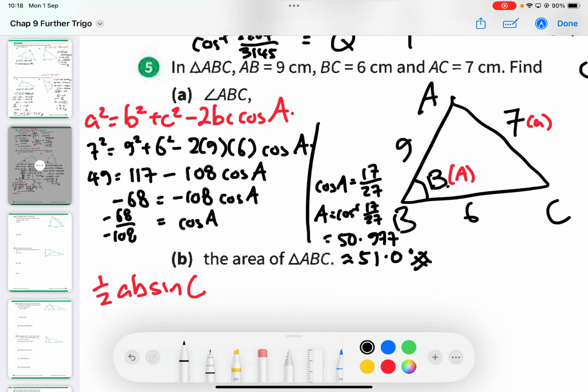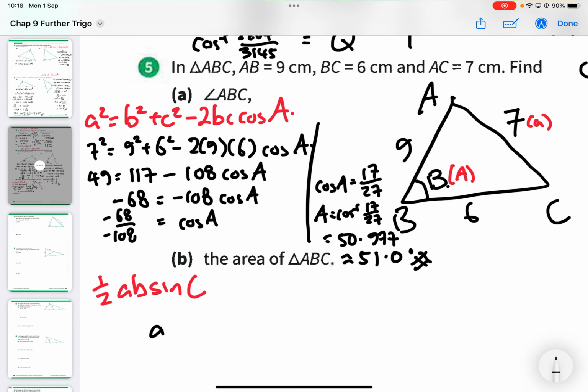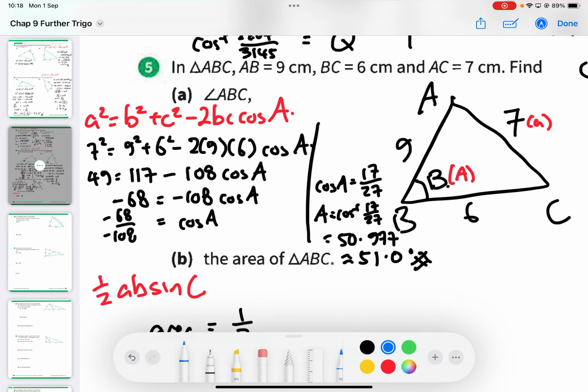Then half AB sine C, I must be able to know that C is the sandwich angle, the V shape, the angle at the sandwich. Then my AB must be these two sides. So when I'm finding the area, I must look for this one.